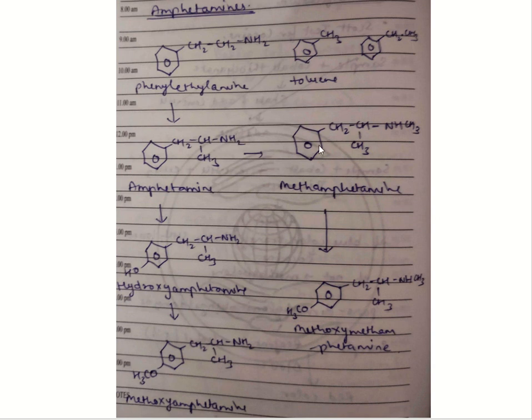Then from amphetamine, methamphetamine can be formed by replacing this hydrogen with a methyl group. Hydroxyamphetamine is formed when OH is attached there, and methoxymethamphetamine when there is a methoxy group attached to the methamphetamine. Methoxyamphetamine, methoxy group attached to the amphetamine.